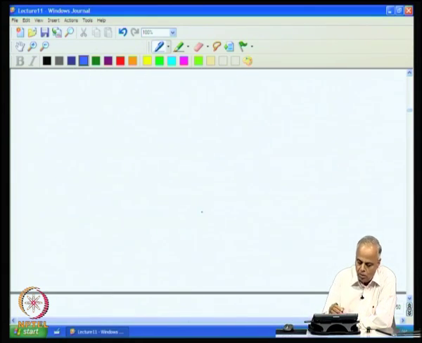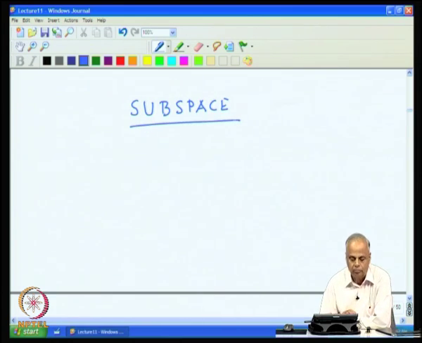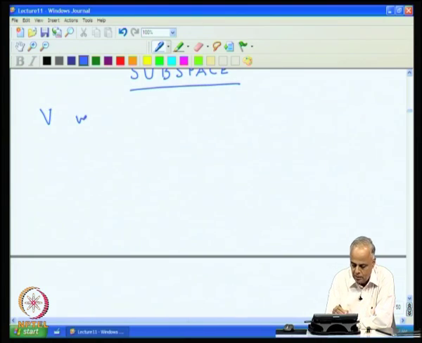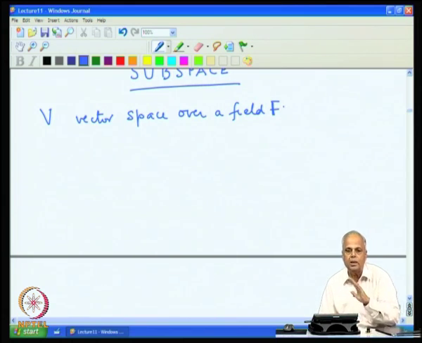We now move on to introduce a very important concept of subspace of a vector space. Let us begin with a vector space V over a field F. This will be always at the background, because as I said last time, this is the universe in which we work.